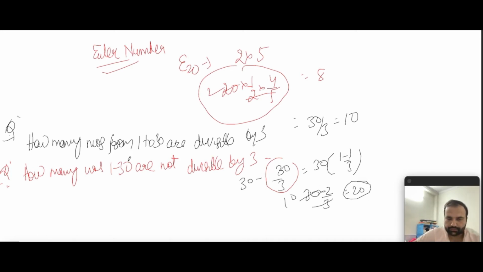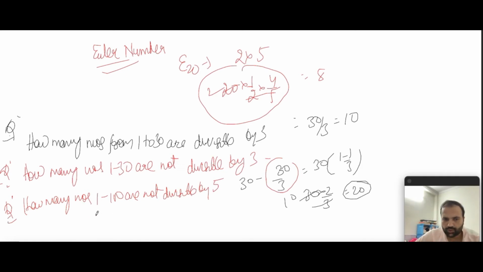Okay, now let's do one more question just to get you comfortable with this concept. How many numbers between 1 to 100 are not divisible by, let's say, 5?